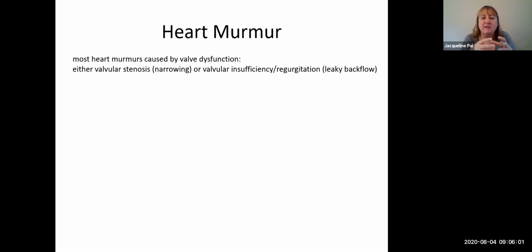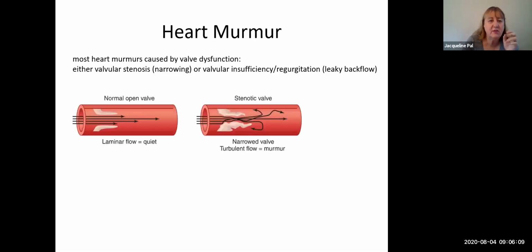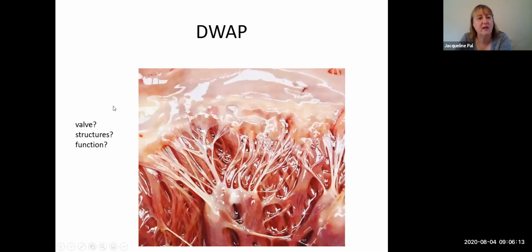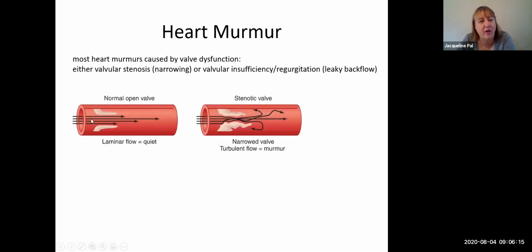The first is called a stenosis, where the valve does not open all the way, it's only open partially. And so here's an example of that. When the valve opens all the way, blood flows right through and it's nice and quiet.